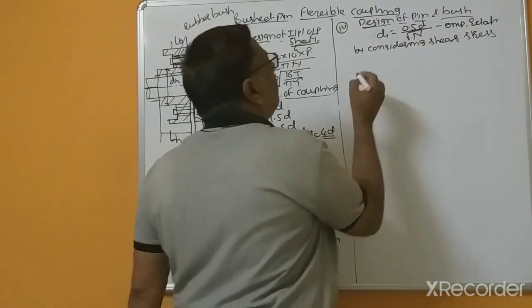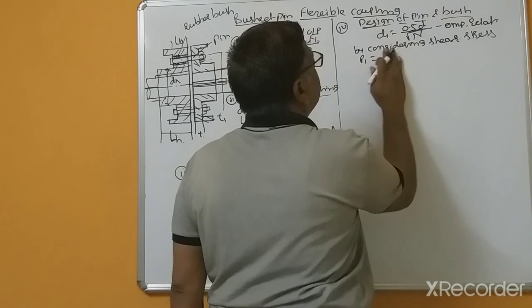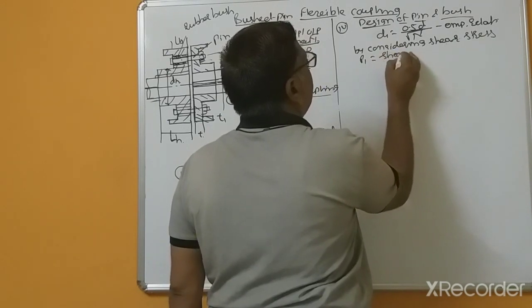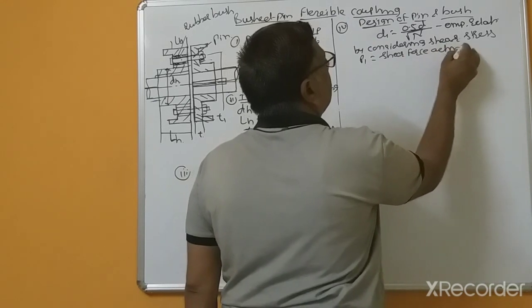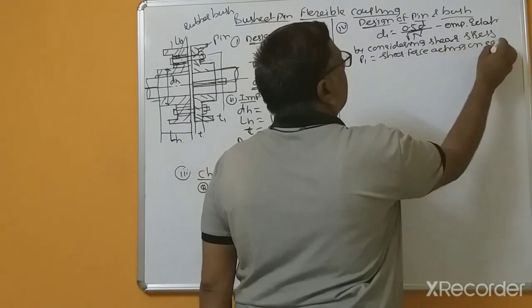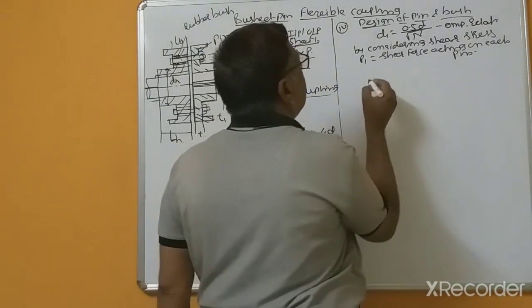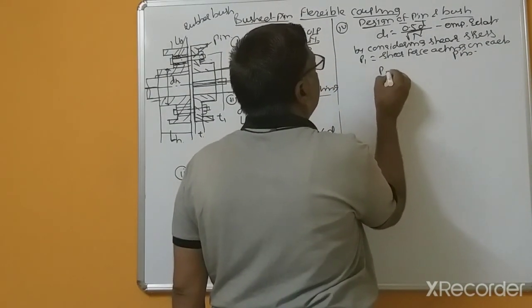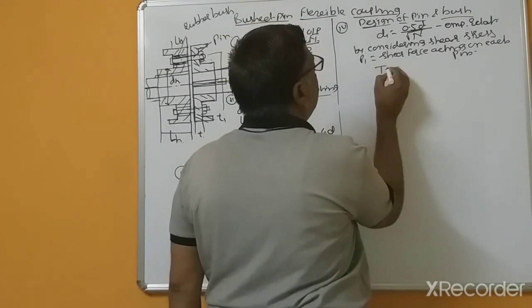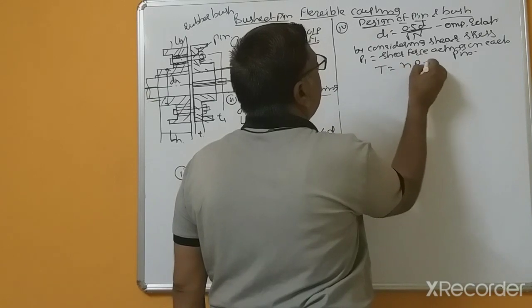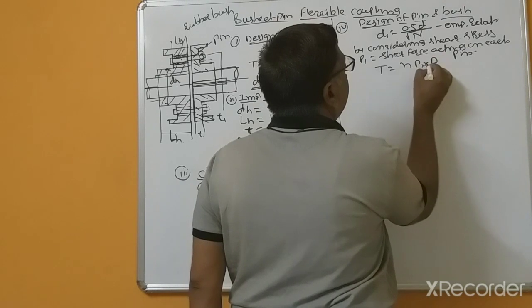Here P1 is the force acting, which is nothing but the shear force acting on each pin. That's why P1, or torque, equals N x P1 x D / 2.